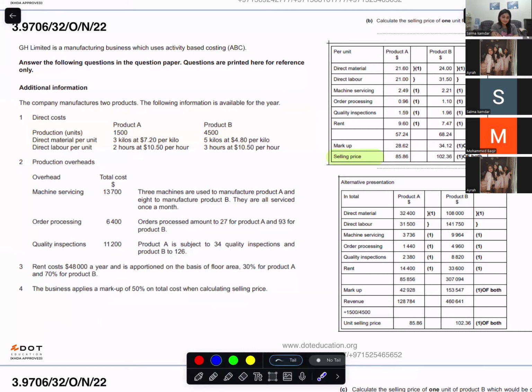Let's go ahead. So we'll start with the production unit, the direct material per unit.